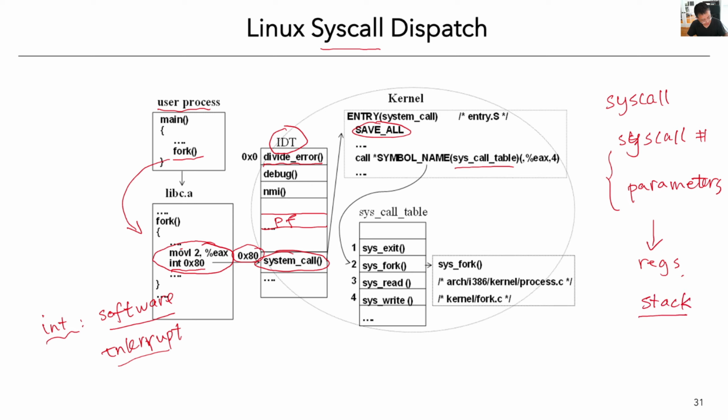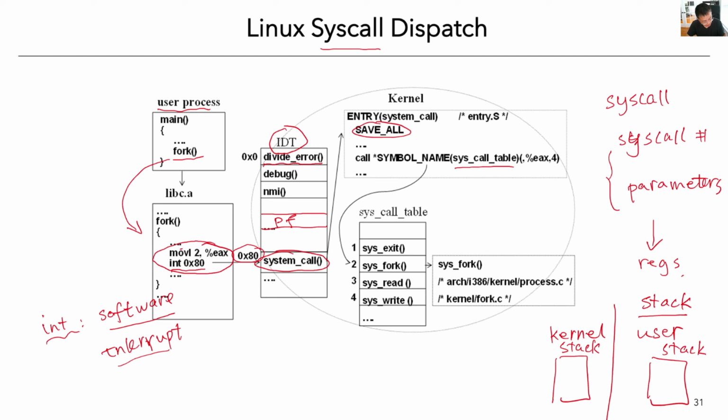The kernel and the user space have different stacks. So this is the kernel stack, and here is the user stack. When you run in the kernel, it accesses the kernel stack. When you run in the user space, it uses the user stack.